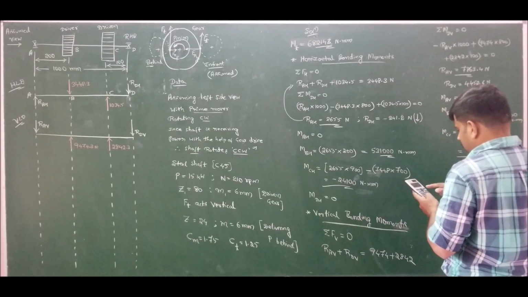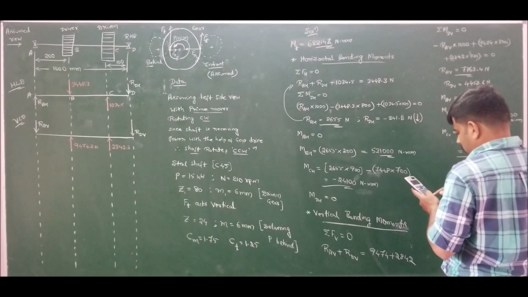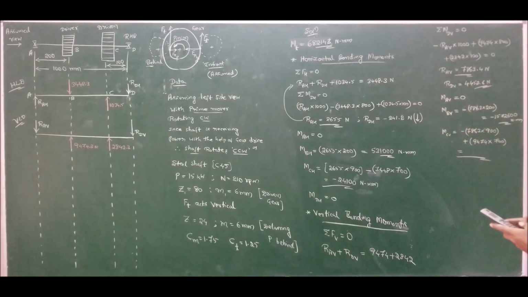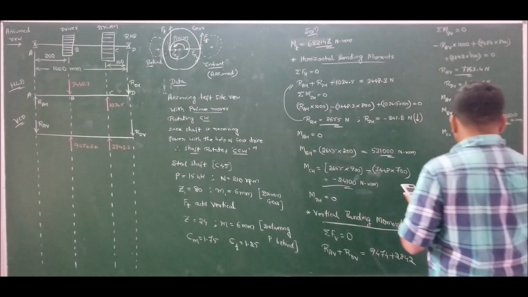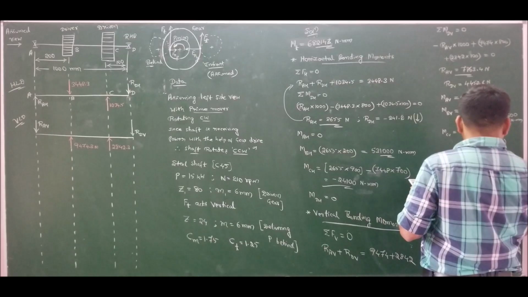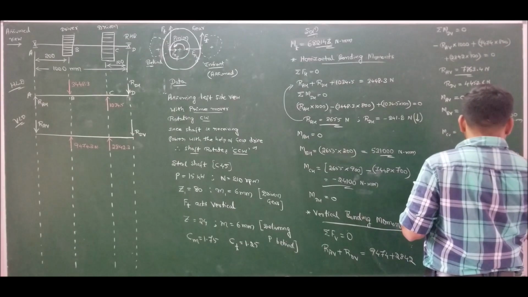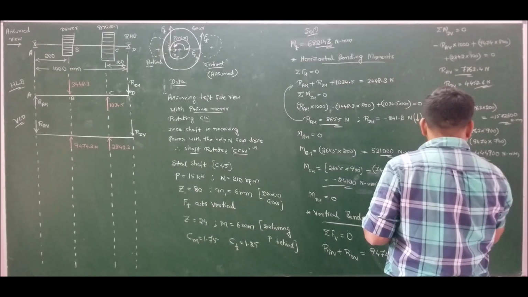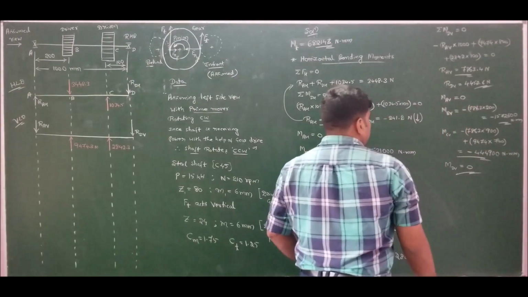So MC vertical will be minus of 7863 into 900 plus 9474 into 700, which is equal to minus 444,900. Moment about the end point is always 0, so therefore MdV should be nearly equal to 0.